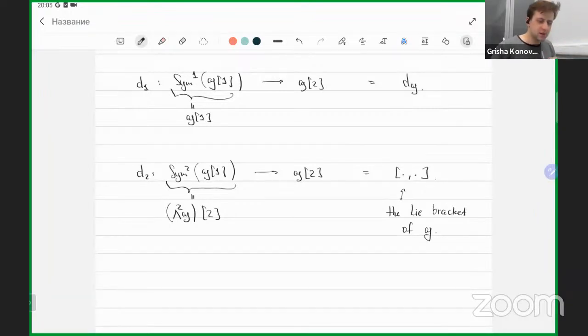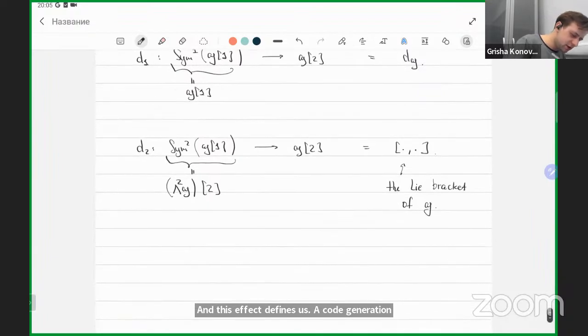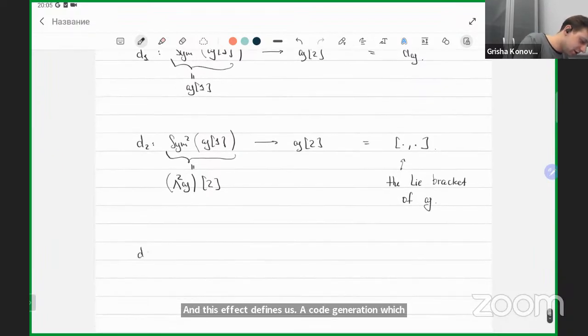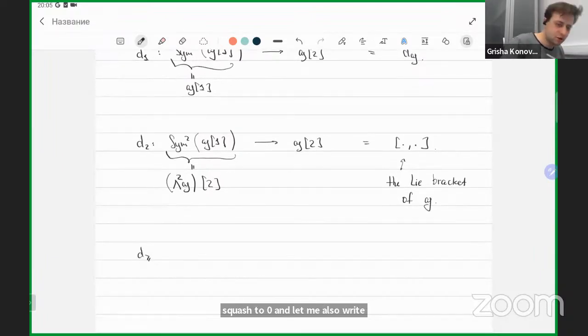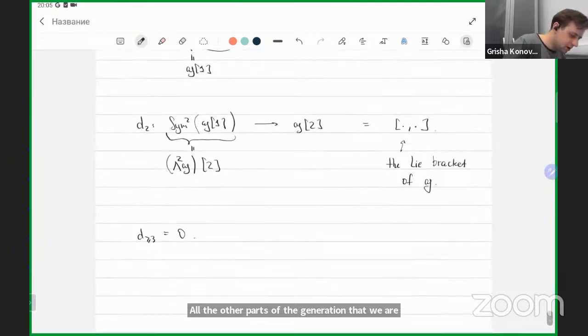And this, in fact, defines a coderivation which squares to 0. And let me also write that all the other parts of the coderivation that we are defining are set to 0.